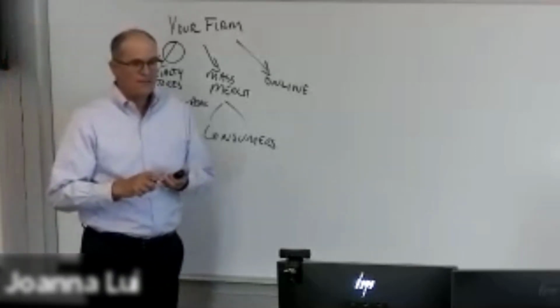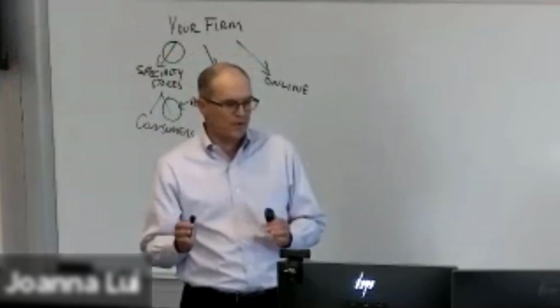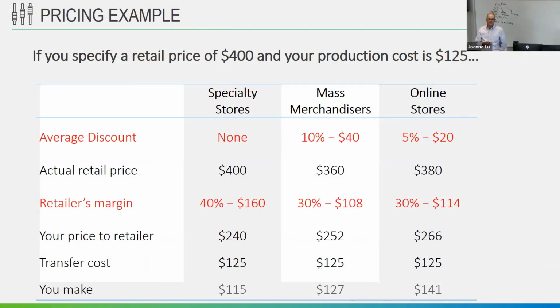So what that means is you need to understand the cut that each channel partner takes. So on this slide, you can see the example I worked up here where you have a retail price of $400 and your production cost is $125 on each one. And so what that means is you specify $400. If you look at the specialty store column there, you'll see average discount of none.